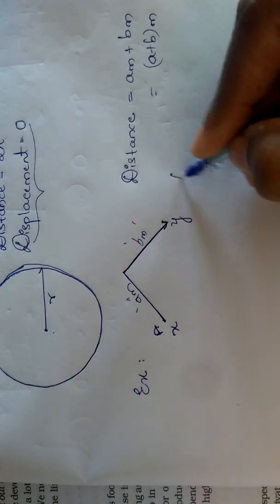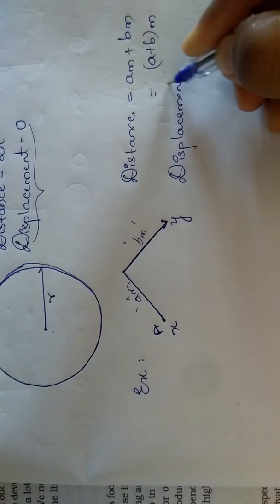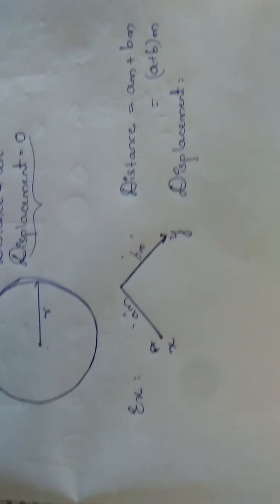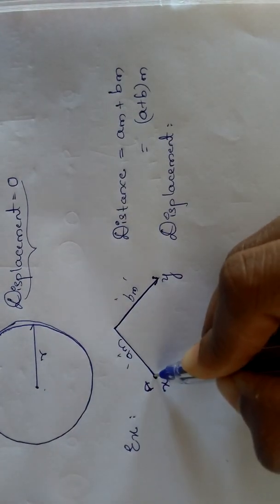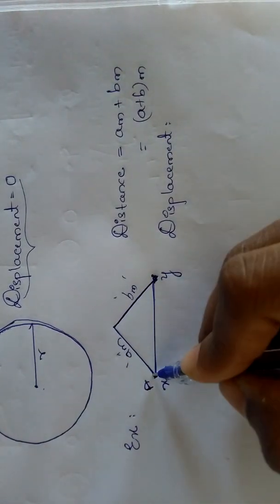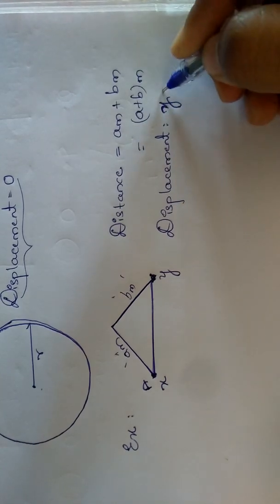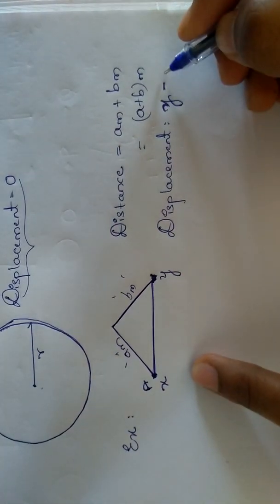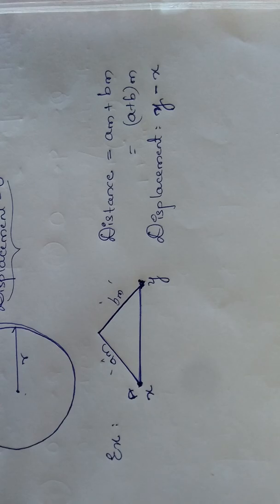The displacement will be the shortest distance between the 2 points, the straight line between x and y. So if you solve this triangle, you will get the displacement.